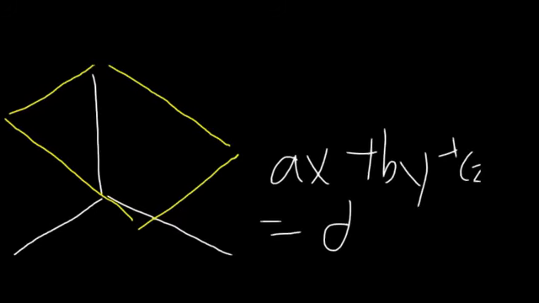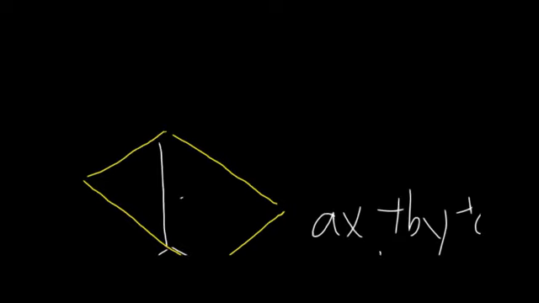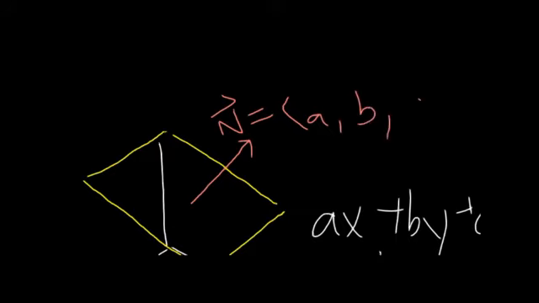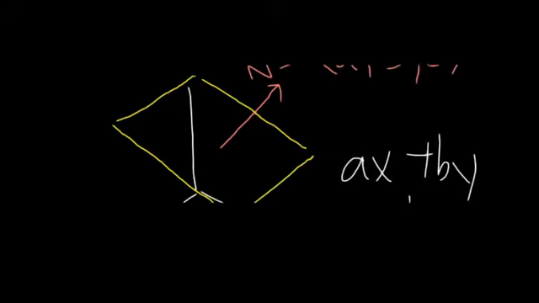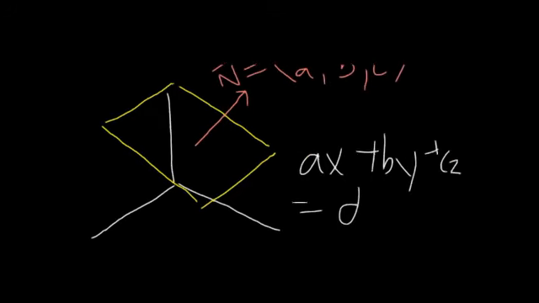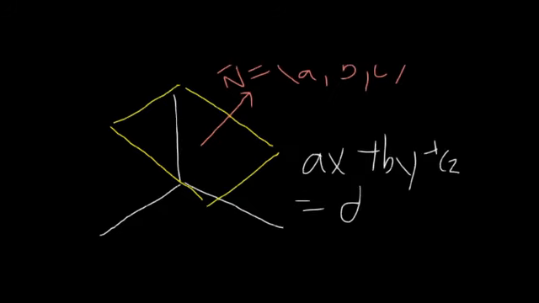And the normal vector is its constant components. So that is the equation of a plane.